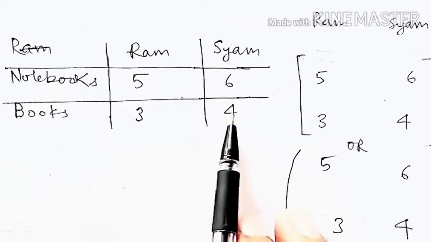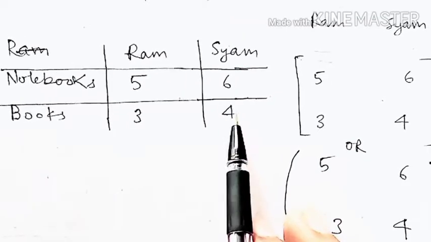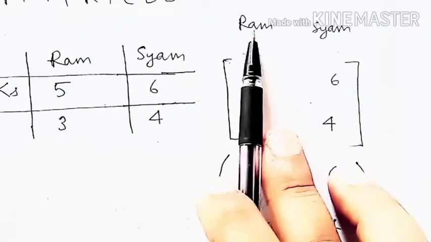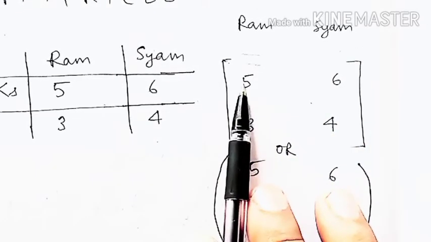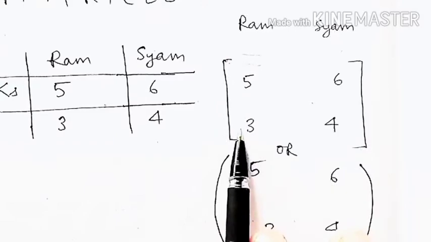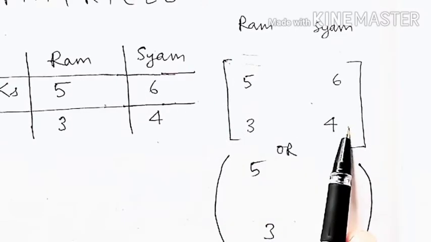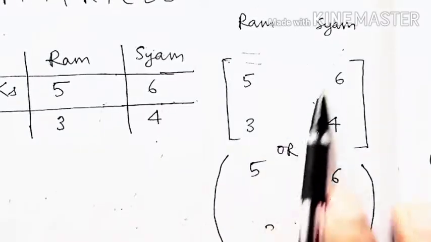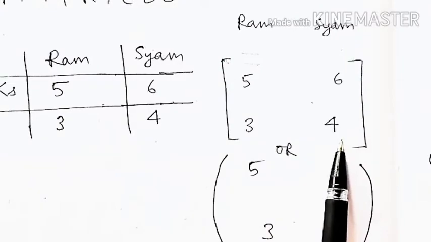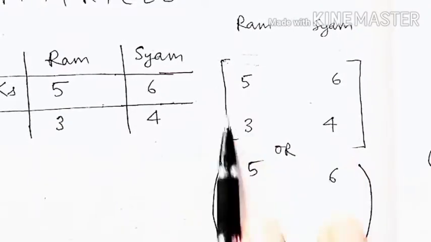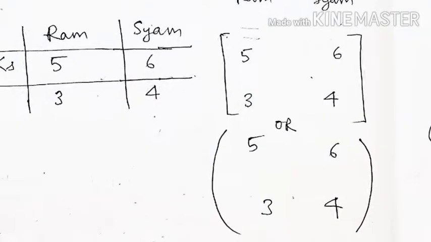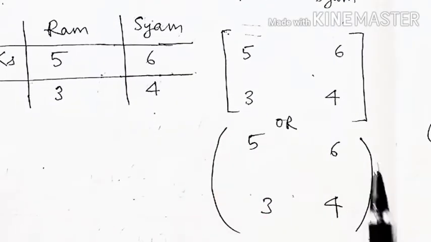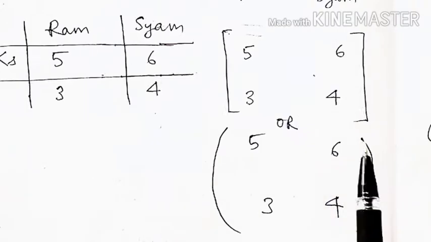It can be represented in this format: Ram, Shyam, these are the number of notebooks, these are the number of books. This is for Ram, this is for Shyam, enclosed within a big bracket or a small bracket. So this is an arrangement.